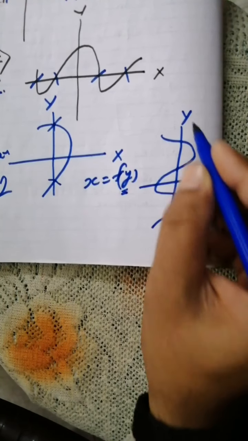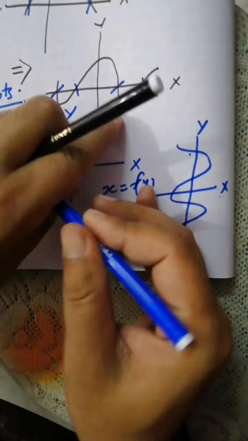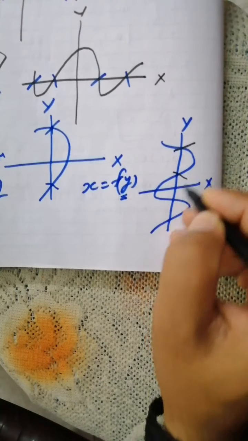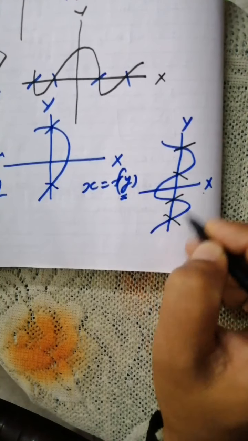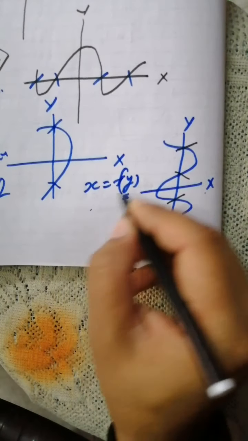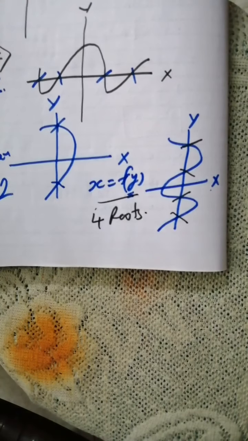So now it is x and y. Again you can see, because the function is of y, on the y-axis there are 4 points, 1, 2, 3 and 4, where this curve cuts the y-axis. So we can say this polynomial has 4 roots.